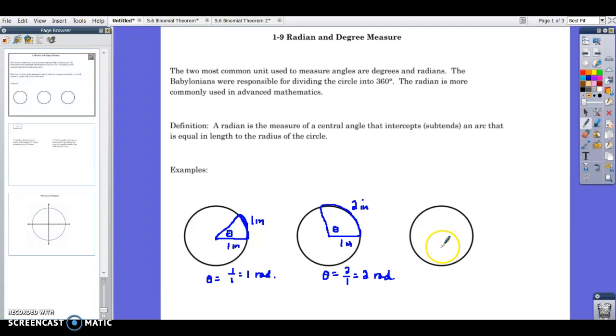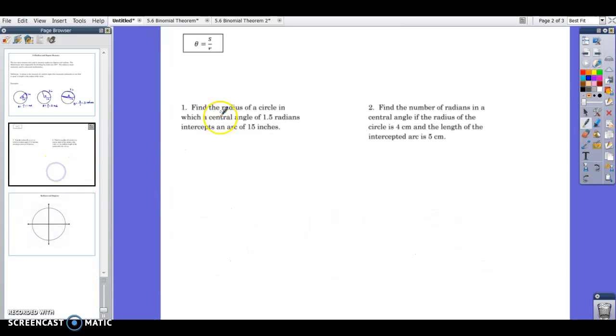And then similarly, if this is 1 inch, here's 2, and here's 3, so this is 3 inches, then we would say theta is 3 over 1, or 3 radians. I didn't draw that very straight, so it's not quite a straight line.